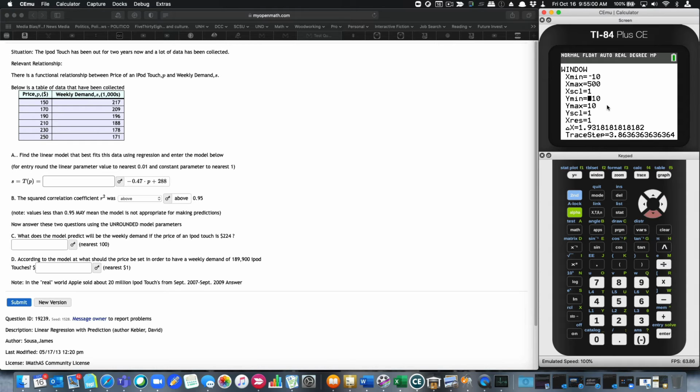We should make this like 100, and make this 500. So I'm going to get pretty much the first quadrant, up 500 and over 500.